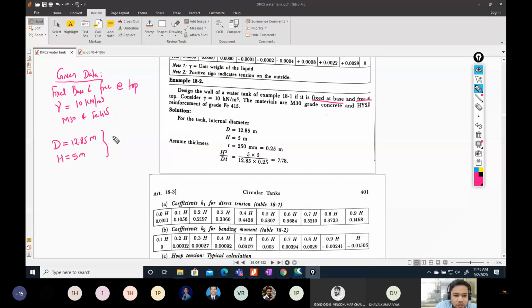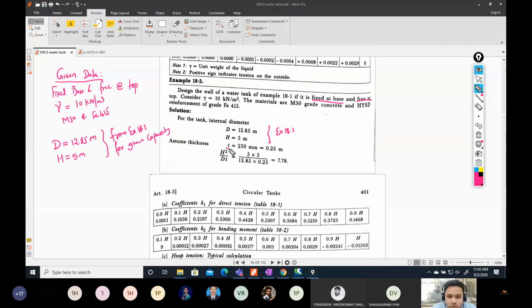This was based on the capacities required, from example 18.1. For the given capacity we have assumed some freeboard, and we have found the diameter and the height of the tank. So these are based on the previous example 18.1.